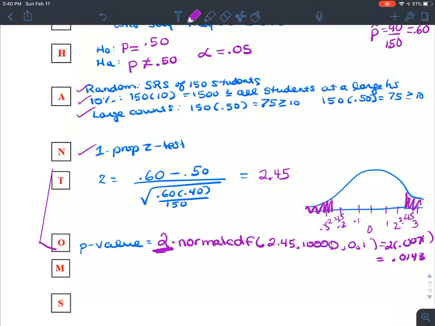Might be slightly different than what you possibly could be seeing on your screen if you're doing that on the calculator, but that's okay.